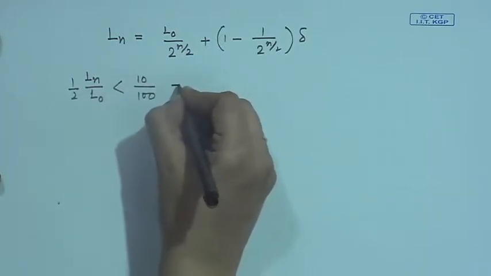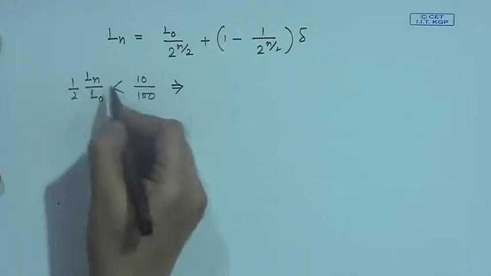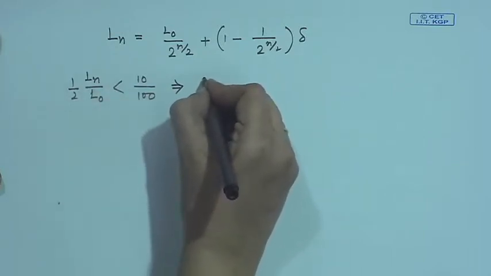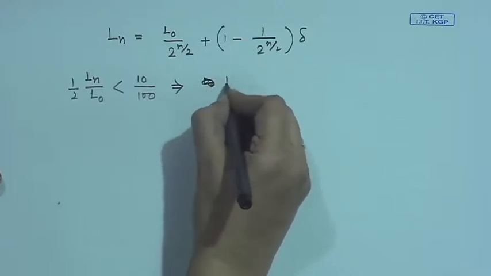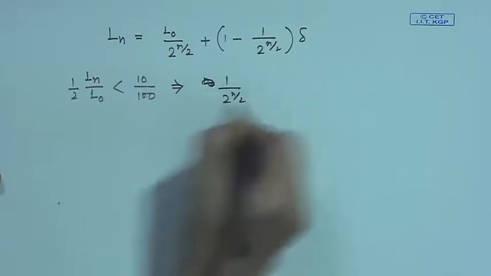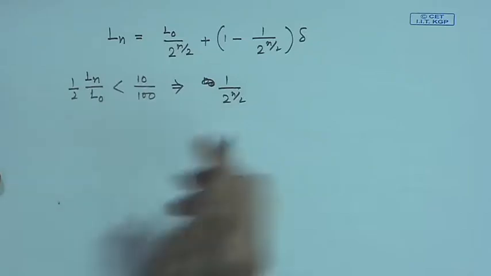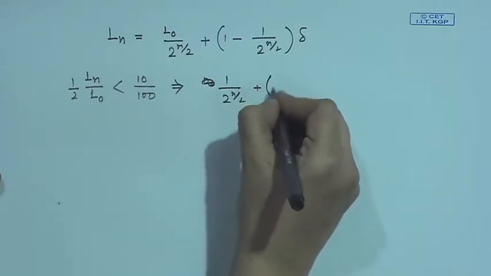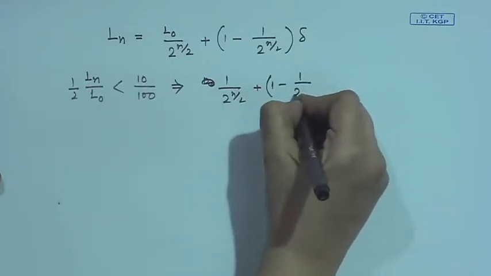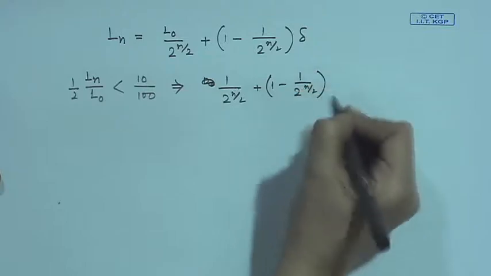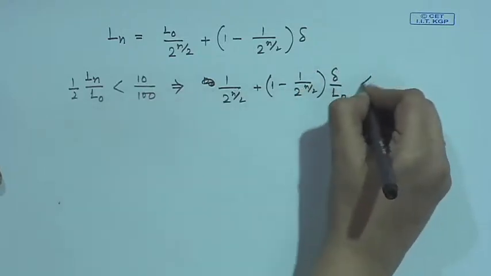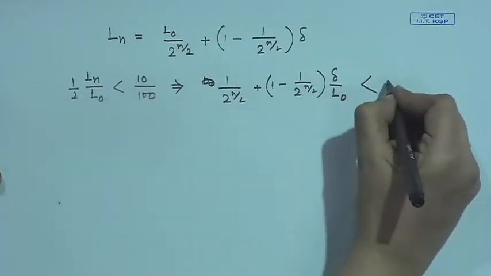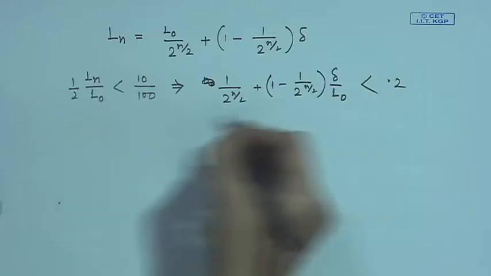If I just do the calculation, what I am getting, you see, 1 by 2 to the power n by 2, L0 will cancel, plus 1 minus 2 to the power n by 2 delta by L0 is less than 1 by 5, that means 0.2.